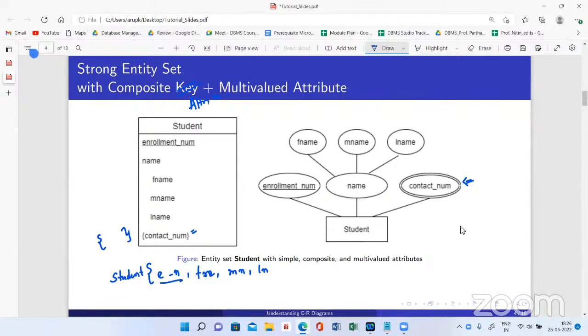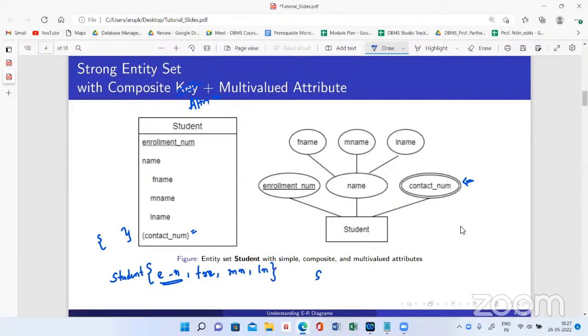Up to this we have no confusion. If I know there are exactly 3 contact numbers, I can have contact number 1, 2, 3. But unlike a composite attribute where I know there are exactly 3 parts, nobody tells me how many contact numbers I'm going to have. So what could be the idea? Create another table, right?